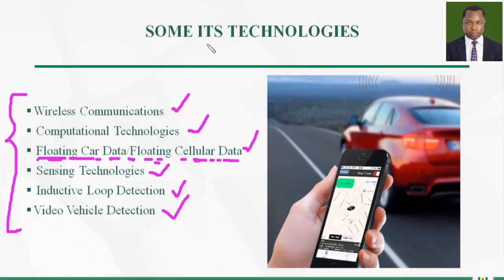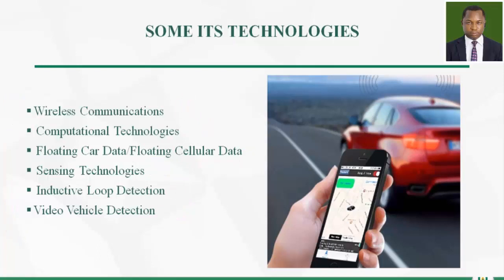So the intelligent transport system is a very good system that, if fully deployed on our roads, road security will be upgraded and, of course, mobility will be swift because the road users will have appropriate information about the roads.